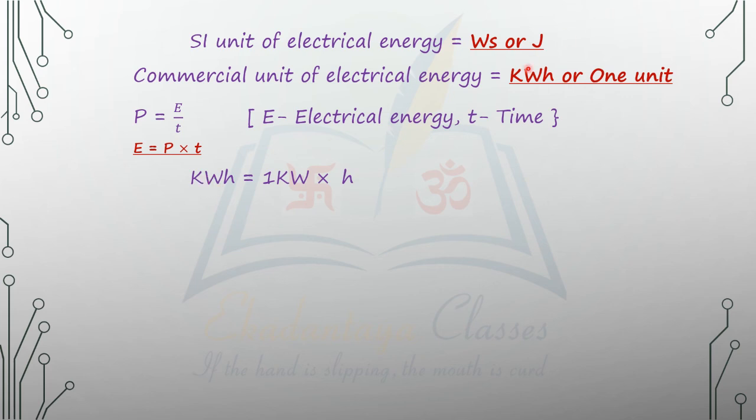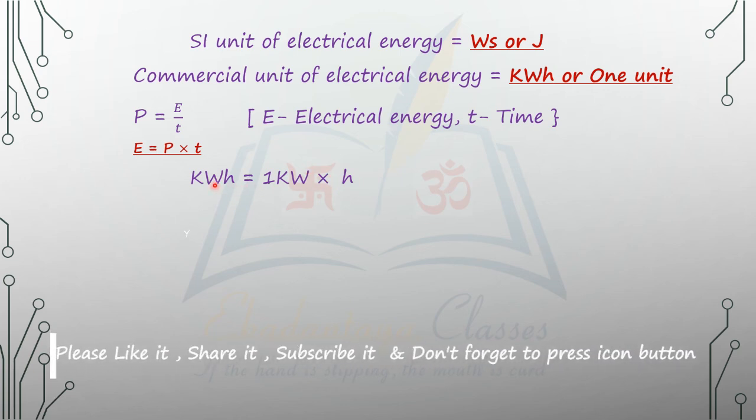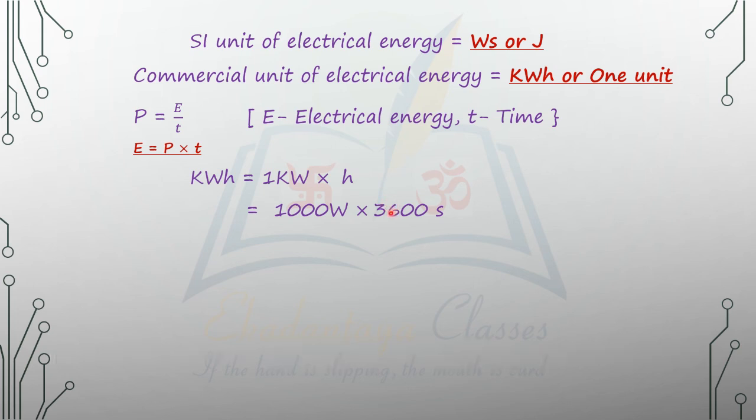What is kilowatt hour equal to? See here, 1 kilowatt into 1 hour is called 1 kilowatt hour. 1 kilowatt means 1000 watt. 1 hour means how many seconds? 3600 seconds.